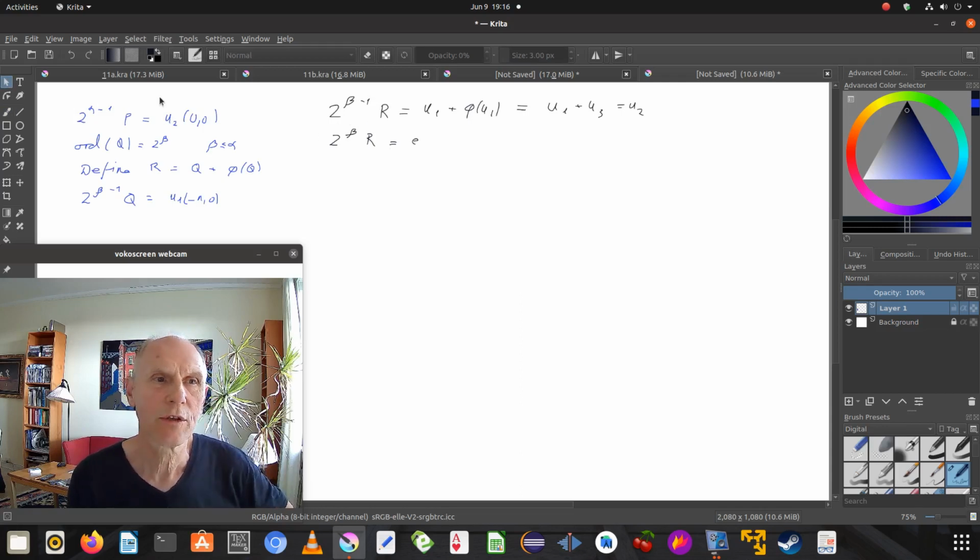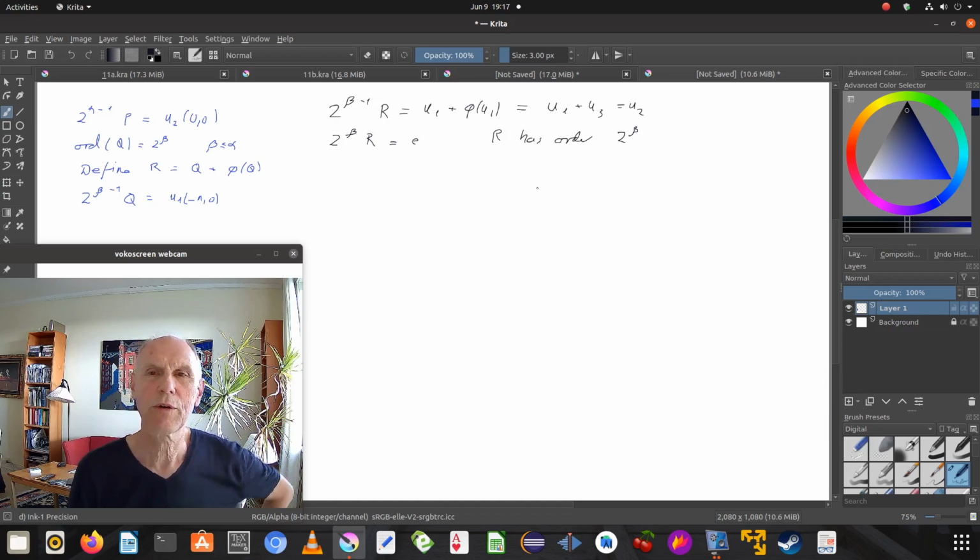So that means that the order of R is exactly 2 to beta. So we have found a quicker way, if beta is smaller than alpha, to get to U2 than the other.